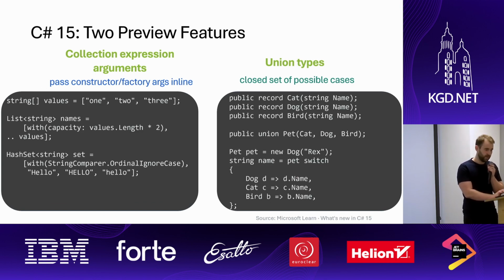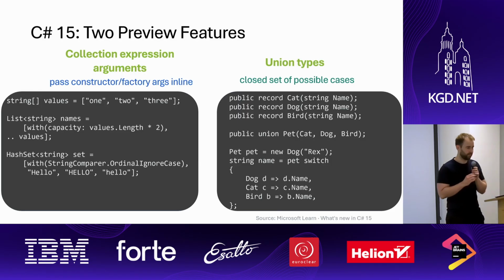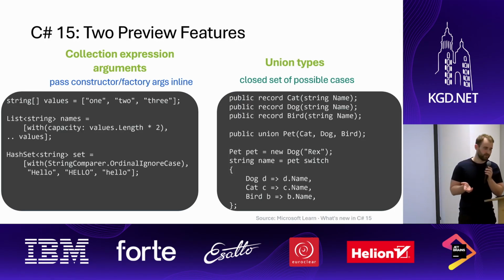The second thing is again a bit controversial, but I like it. It's union. Union types are the more strategic and anticipated feature. They express a closed set of possible cases and work naturally with pattern matching. Today we use inheritance, interfaces, discriminators, or result wrappers.